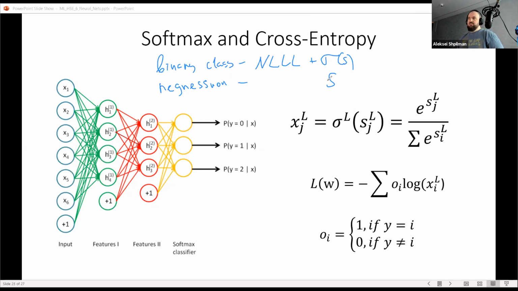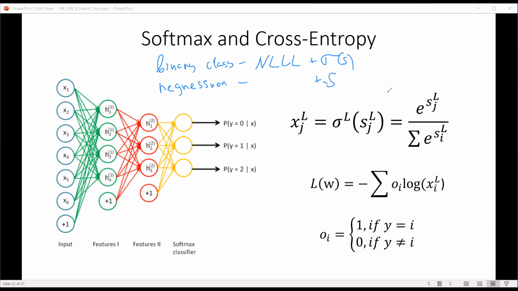Okay. And what is the loss function? We need something differentiable, right? What is the common loss function for regression? Yeah, mean square error. Answer from the chat.